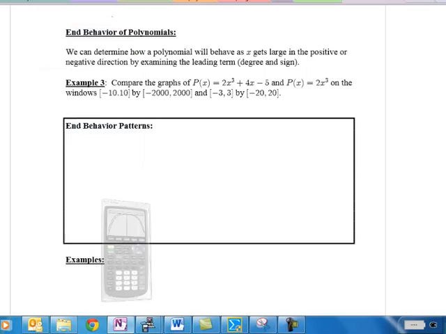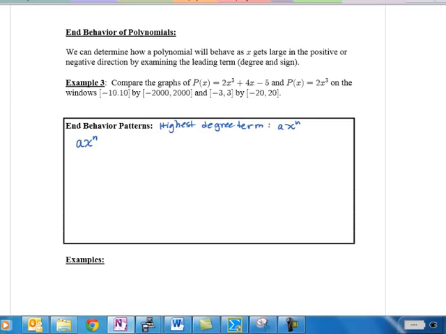All right, so the point of that activity was just to realize that the end behavior, the behavior for large x values, is all determined by the highest degree term. So if the highest degree term is ax to the n, let's say, we have 4 categories.